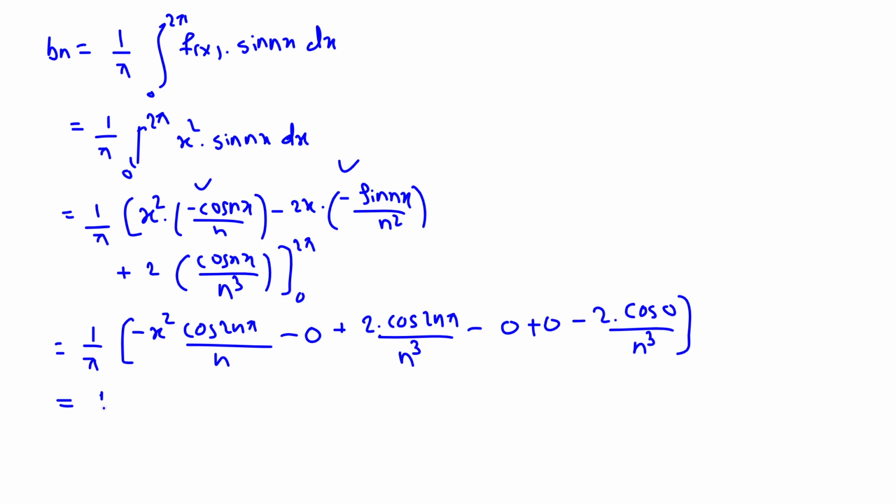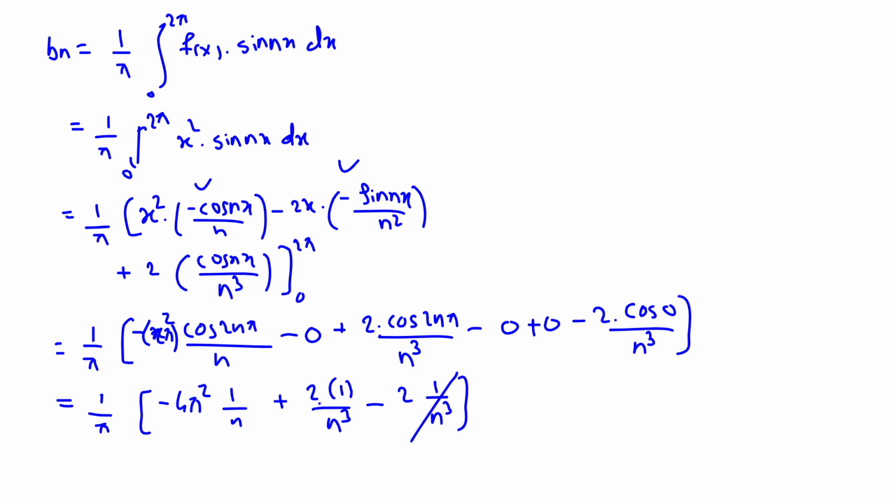Okay, so now 1 over pi in bracket, sorry, here I have to put 2 pi, so this 2 pi square will become minus 4 pi square, cos 2n pi is 1 over n, and plus 2 into, again cos 2n pi is 1 over n cube, and minus 2 into, again cos term is 1 over n cube.